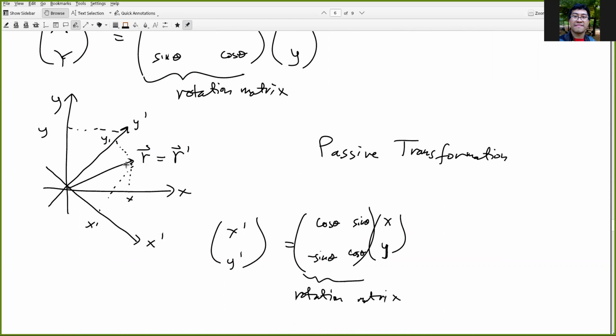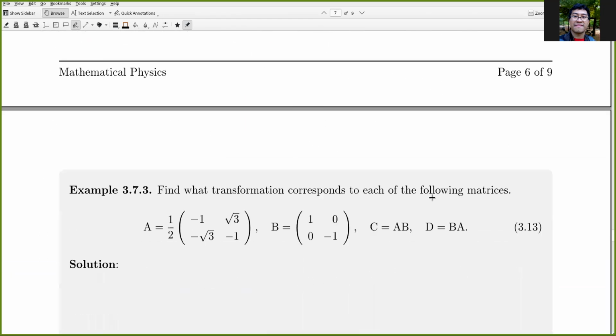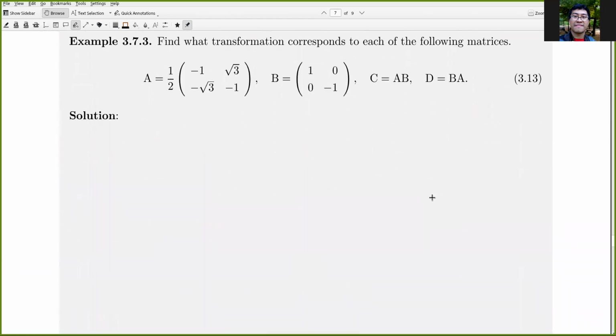We keep r, but we rotate the axis or the coordinate system by negative theta. It's called the passive transformation.